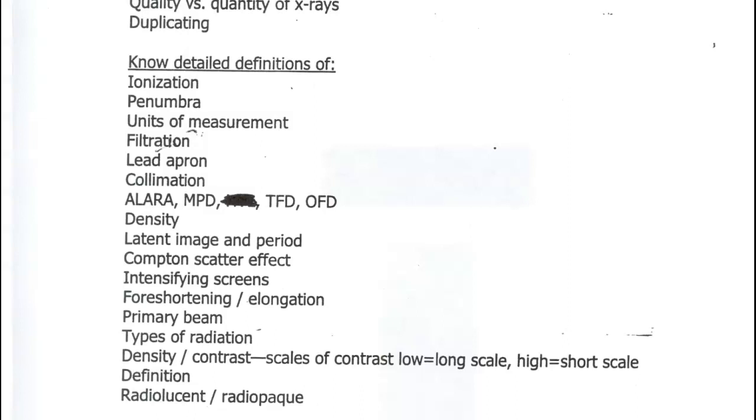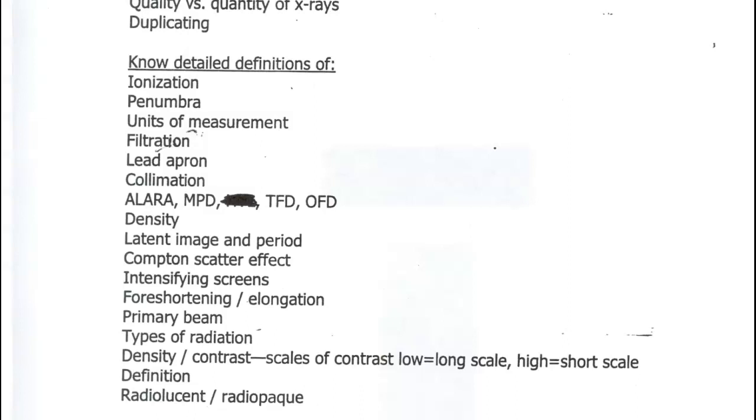Filtration and collimation is just underneath. Make sure that you understand what those two are. Those are both considered safety features, but filtration is an aluminum disc that sits in the path of the beam, and it filters out any weaker x-rays. The strong ones pass through, but the weaker ones don't. Collimation, remember, is the one that's shaped like a donut. It's made out of lead, and x-rays don't pass through it at all.